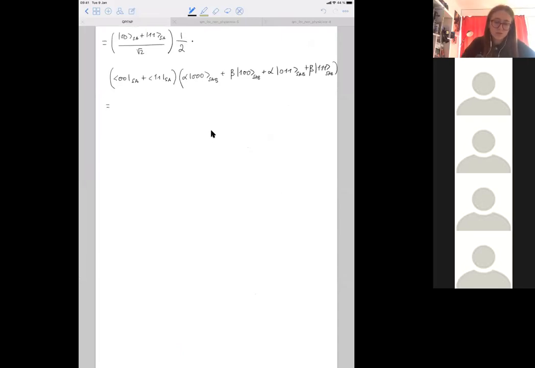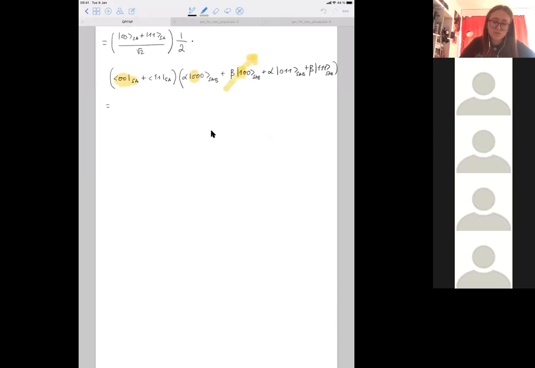So if we contract this bra here, ⟨0,0|_SA, with each of the terms on the right side of the expression. For example, if the ⟨0,0| is contracted with this term, which is just |0,0⟩_SA tensor |0⟩_B, it will give us 1. However, if it's contracted with the second term, which contains |1,0⟩_SA, it will get 0.